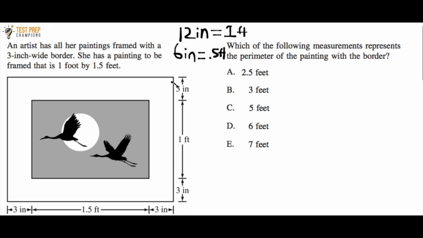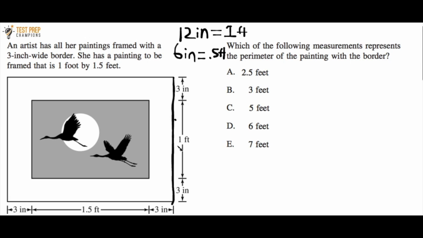So if we look at just this side right here, to get the total for this side, we would do 1 foot plus 3 inches plus 3 inches. Now, 3 inches plus 3 inches is 6 inches, which is equal to half a foot.